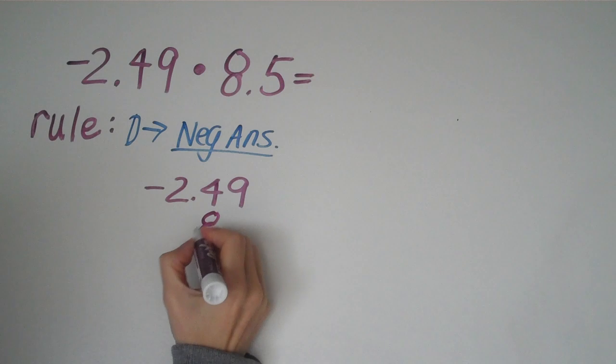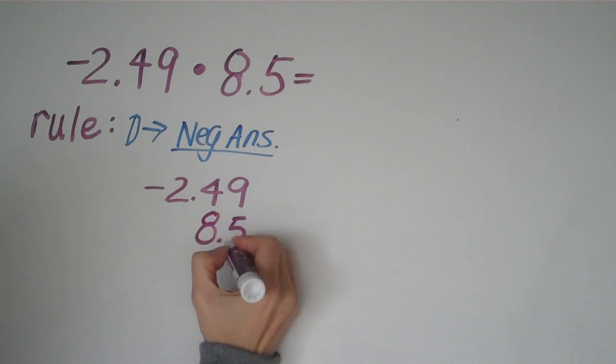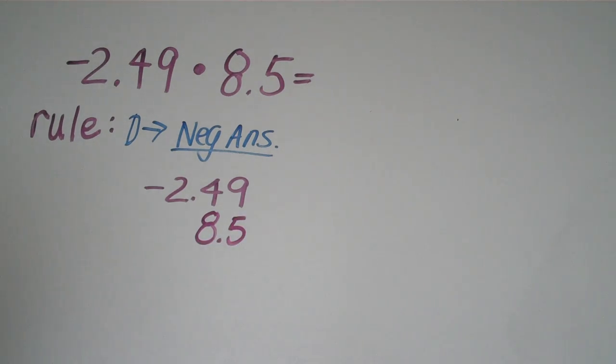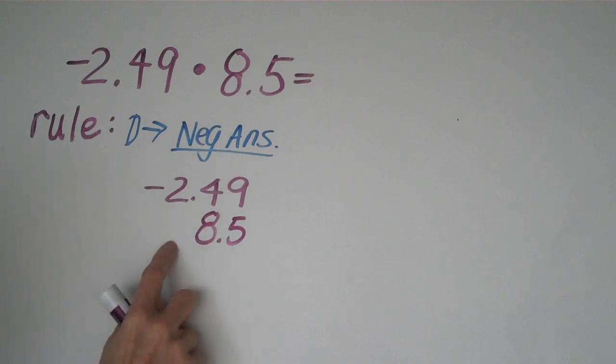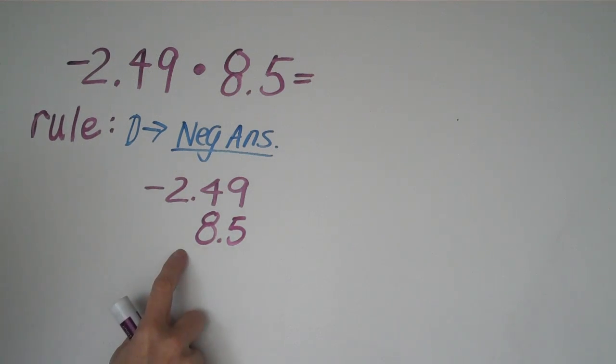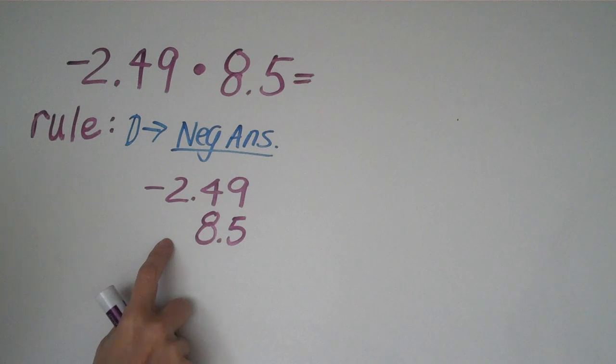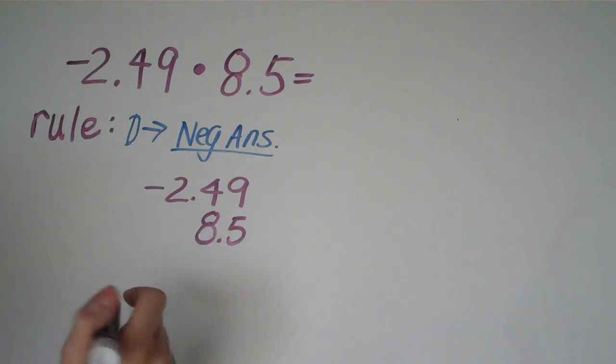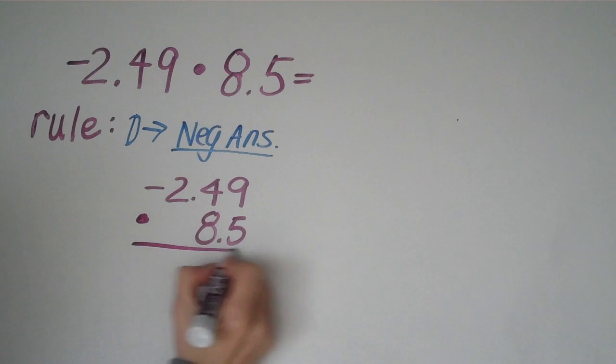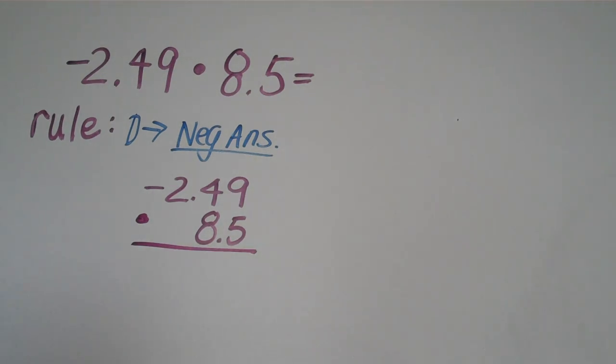This is not like addition and subtracting and comparing where you really need to have the decimals in check. This situation is different. For multiplication, the decimals do not need to be lined up, okay? So we're just rewriting that so that we have one number on top of the other number and we can simply do our multiplication.